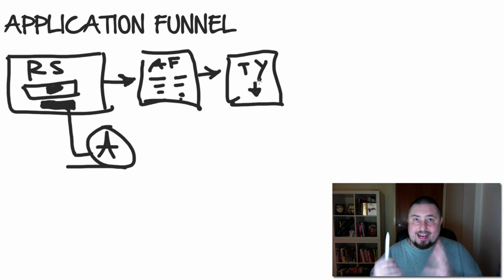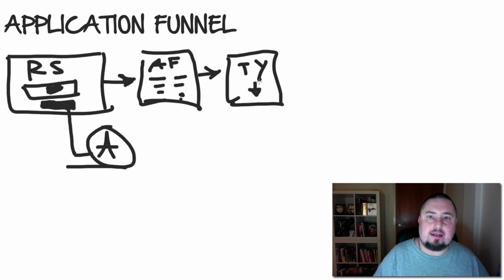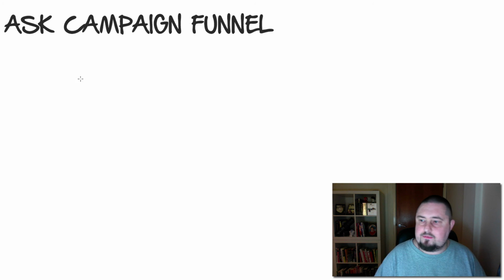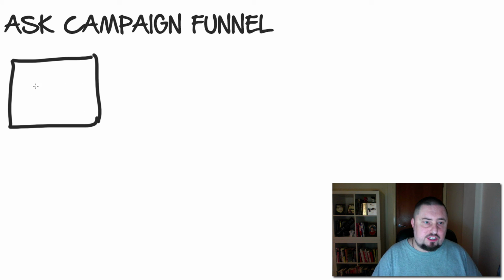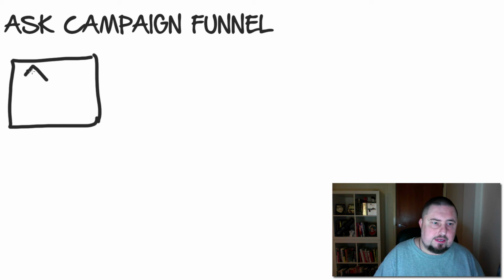Next, we've got the Ask Campaign funnel. Let me show you that. For this one, we just need 2 pages. The first page is going to ask them a question. So you're going to have a couple of forms on this one at least. Let's say this is an ask page.